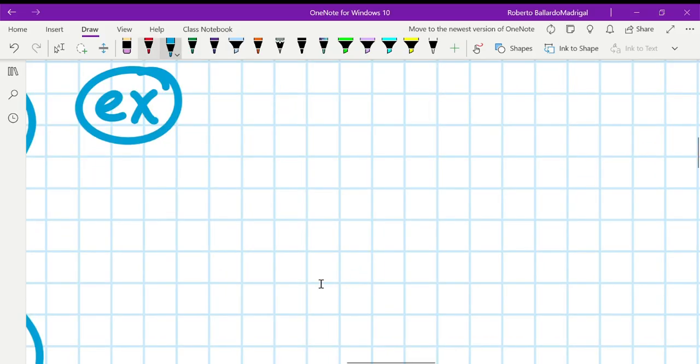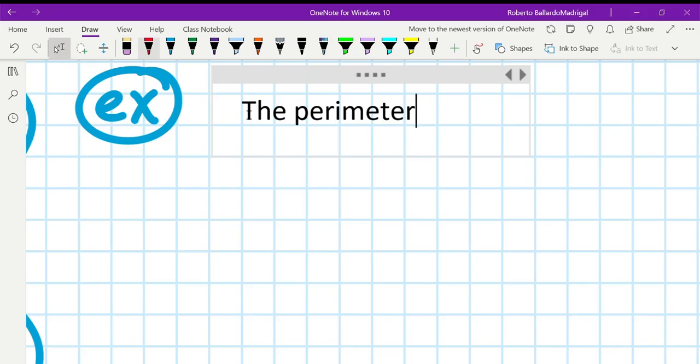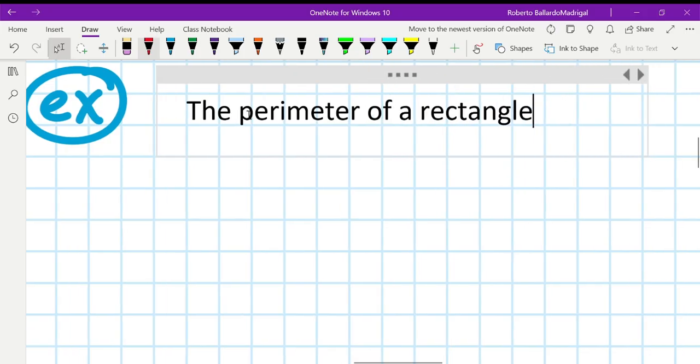Okay, your last example is the following. Let's write this down. I'm going to type it out for you. The perimeter of a rectangle is 34 inches.